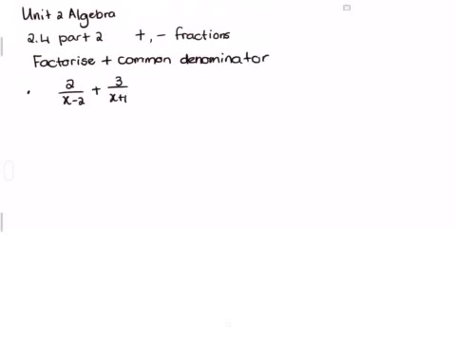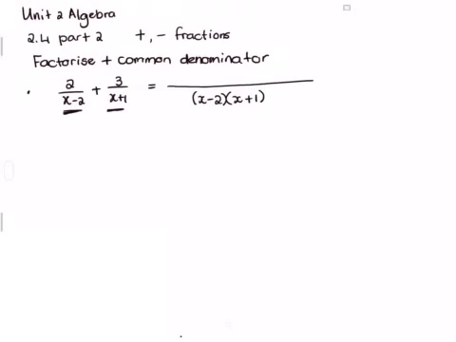If I need to add these, my common denominator is the whole of this one times the whole of that one. I'm immediately going to put it on one common denominator. So now, since we have 2 terms times 2 terms, I must introduce brackets here.